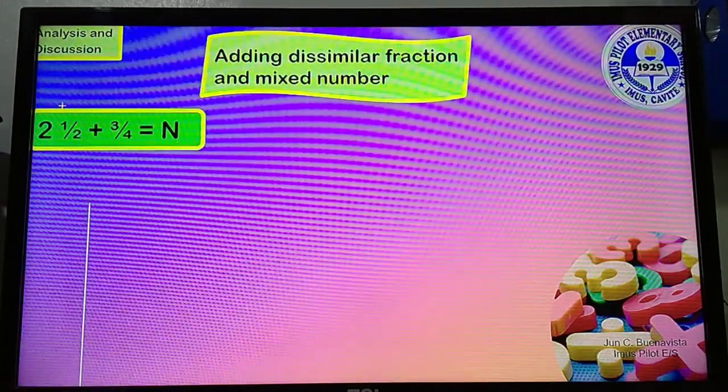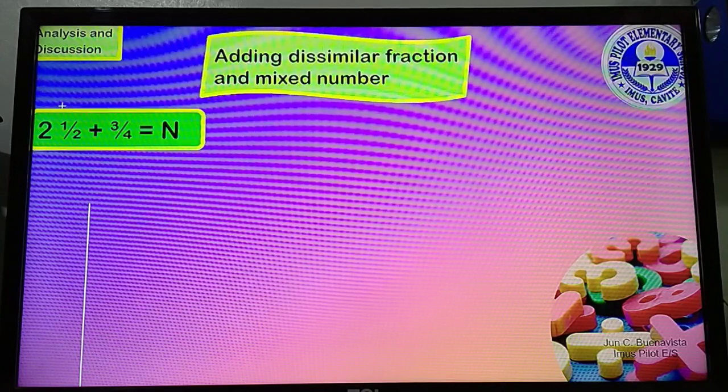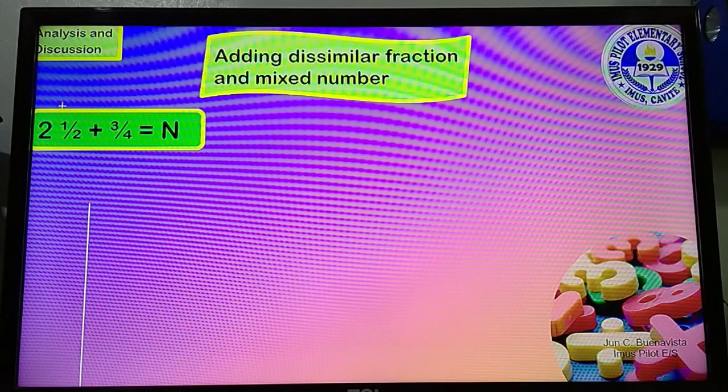Therefore, using our given facts and the clue word, we can now create our mathematical sentence: 2 1/2 plus 3/4 equals n.